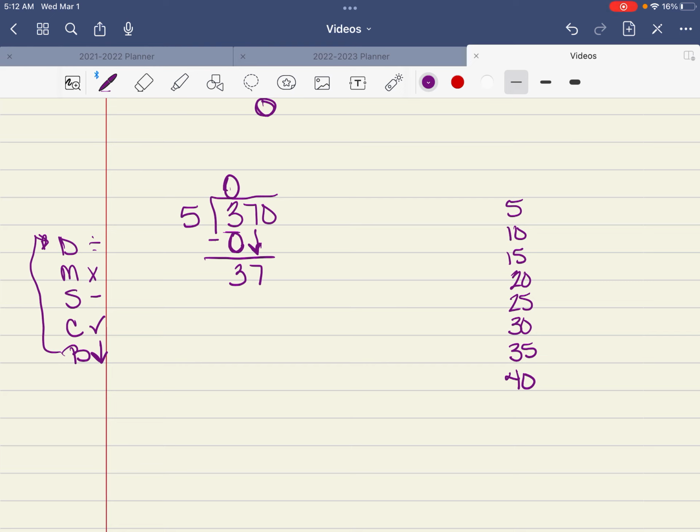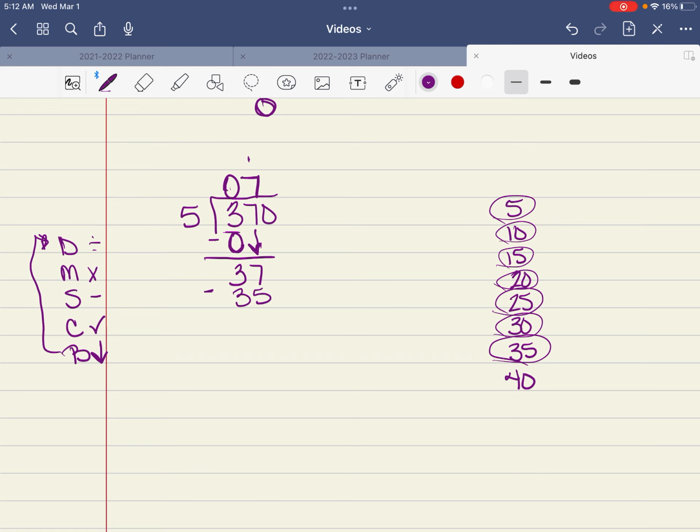So 5 divides into 37. Let's see. 1, 2, 3, 4, 5, 6, 7. Because 7 times 5 is 35. All right. So I'll put my 7 up here at the top. Next step, multiply. The last number that I put right here, the 7. 7 times 5 is 35.